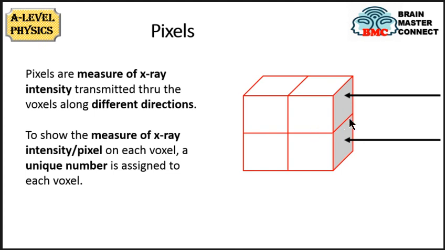What I mean is that to show the measure of X-ray intensity on this Voxel, or this one, or this, or this, a unique number is assigned to each Voxel to indicate that. So definitely each of my Voxels here ought to have their own pixel or X-ray intensity, since X-ray is striking on them.